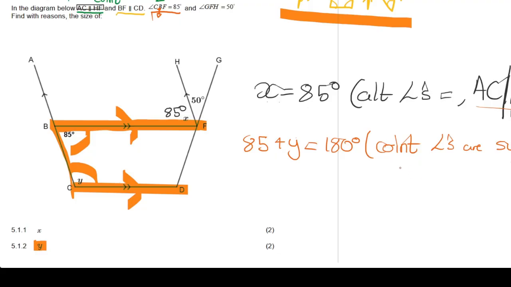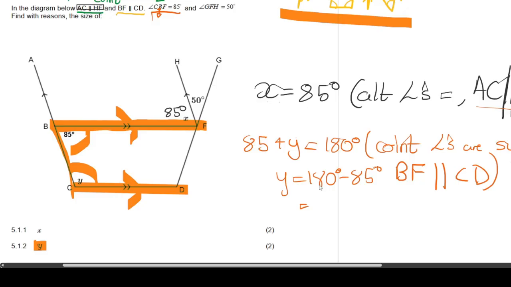And then don't forget, we have to mention which lines we will be using to prove it, right? Basically the parallel ones, where BF is parallel to CD, right? And then y is equal to 180 minus 85 degrees, which is equal to 95, I think.